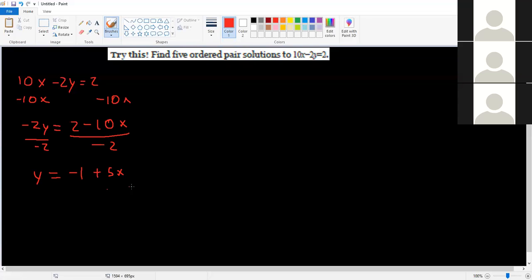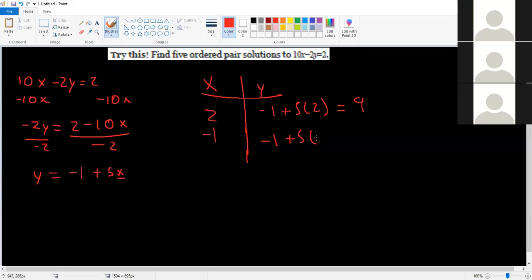And then I just plugged in random numbers. First number I put in 2, then I got 9. Second number I put in negative 1, and I got negative 6. Third number I put in 3, then I got 14.